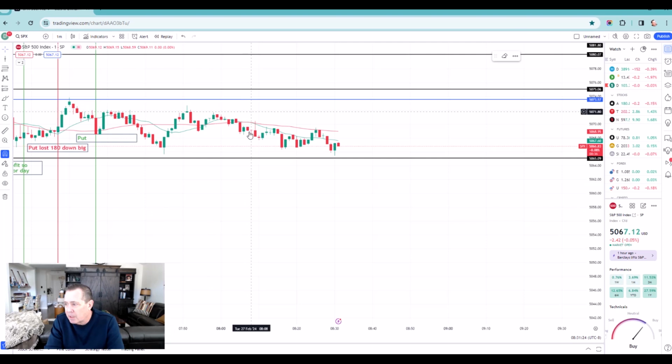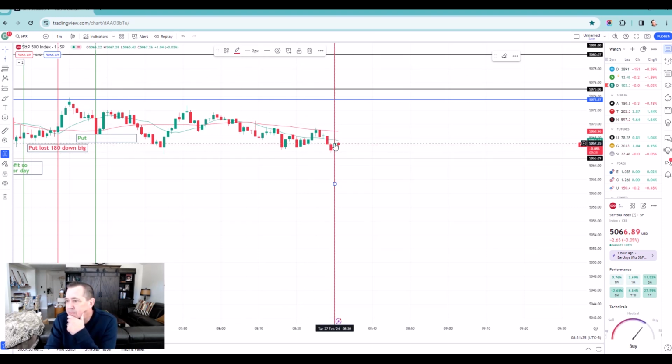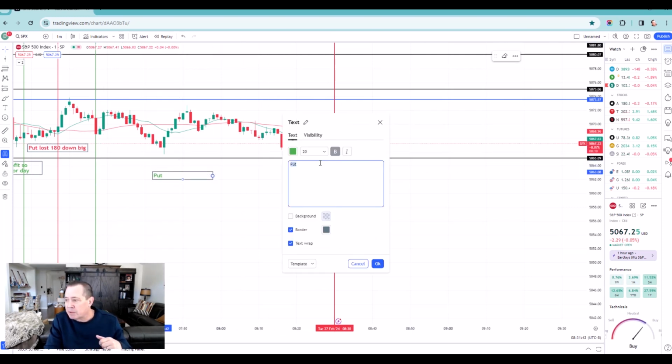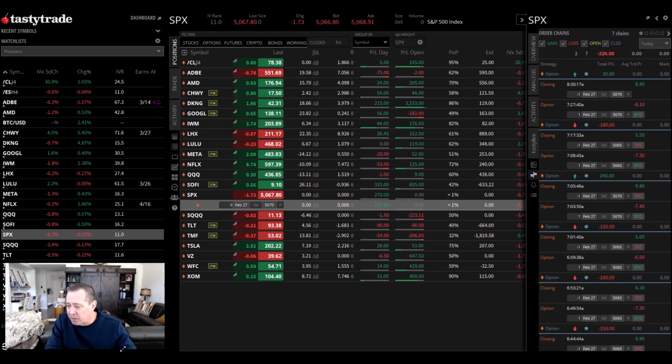So if we look at the chart, we put on the trade back here, just got stopped out here. So I'm going to mark that, put it in red, close, $30 winner, down for the day, and we're 320 total now.